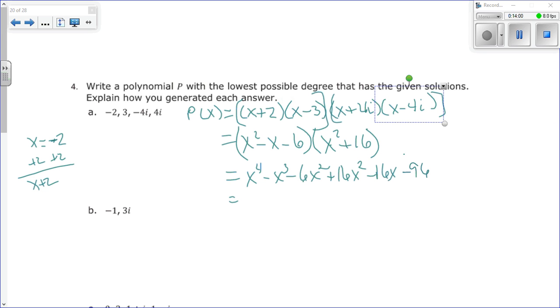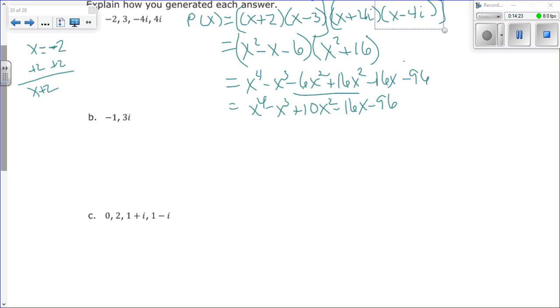So I have 2 terms really only that are alike. So I have x to the 4th minus x to the 3rd plus 10x squared minus 16x minus 96. So this would be the lowest possible degree polynomial that I can have.